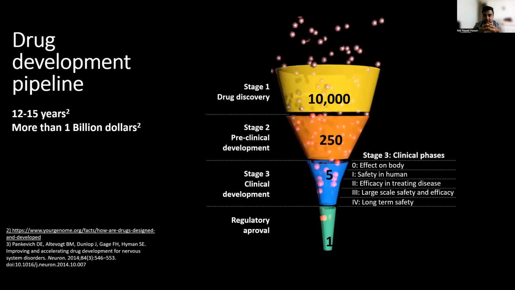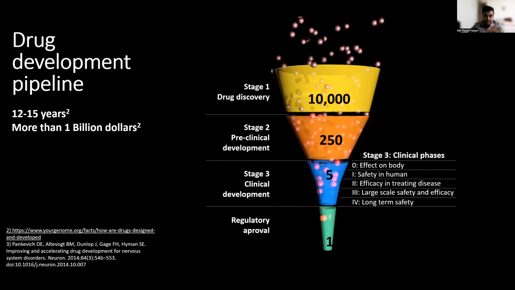And it involves tens of thousands of compound screenings, and then on average 250 of them go into preclinical development. On average, only 5 of them go into clinical development, and out of this 10,000, we finally get one drug in the market.